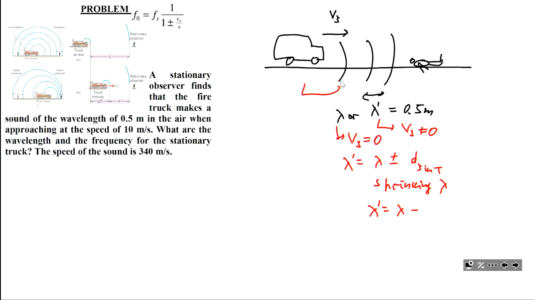Now, distance traveled by the source in one period is equal to the speed of the source times one period. One period of what frequency? This or that? That's an important question.